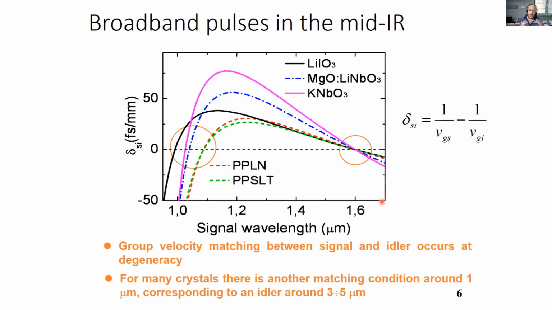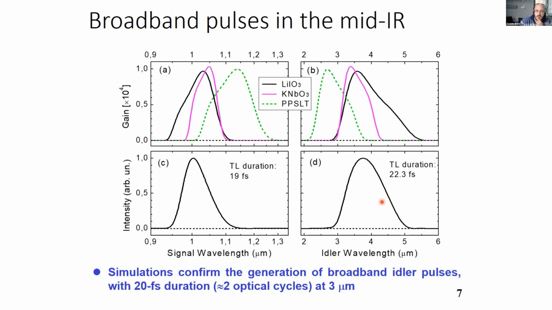But the concept that I explained, by just shifting the pump frequency, signal frequency, and idler frequency, can be transported to reach up to the terahertz frequency range, so to several tens of microns. These are some calculations, for example.